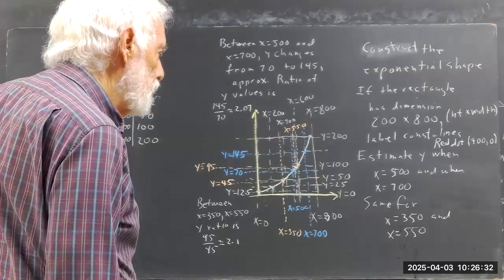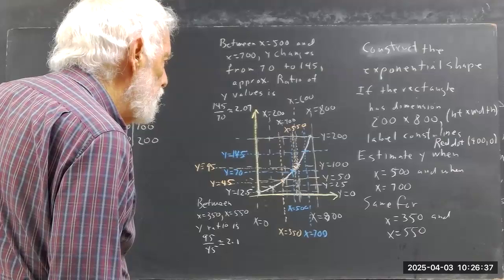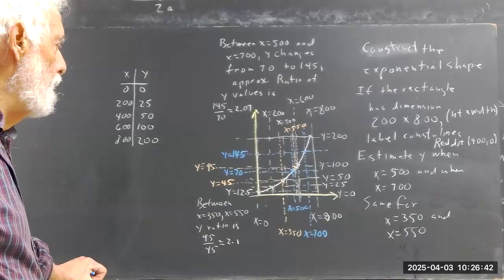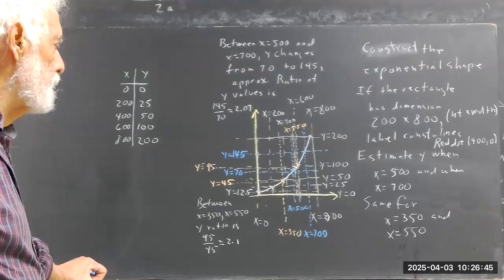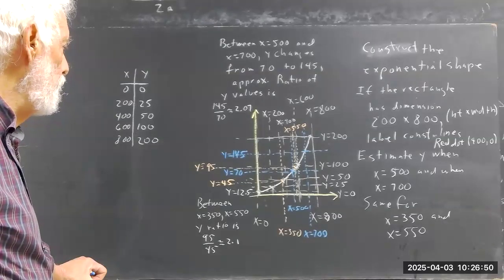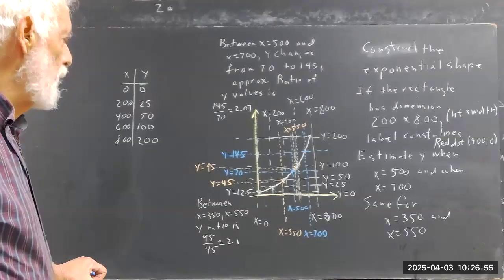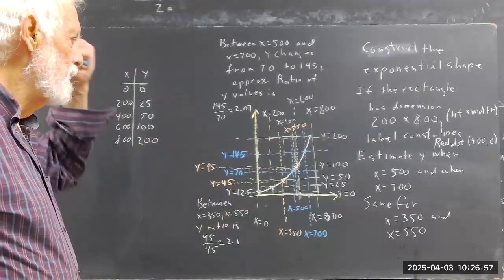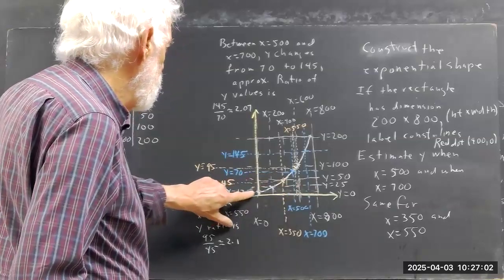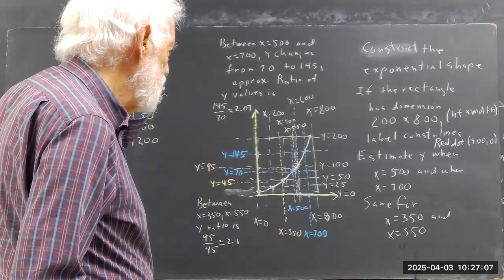Do I have too many lines there? And for 12.5, it shouldn't even be there. Close line is y equals 25.